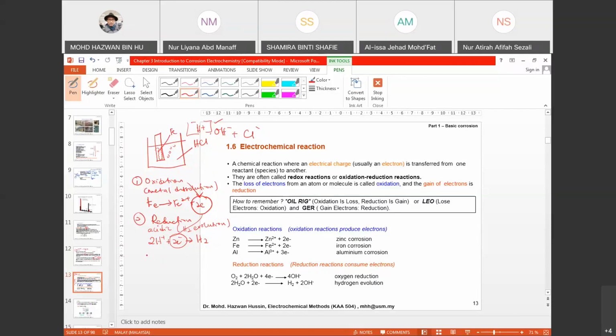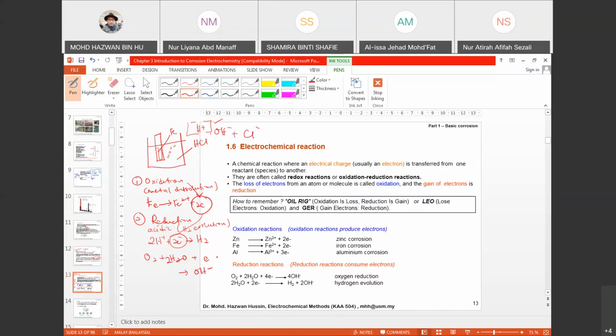So you have oxygen plus water, H2O, plus electrons. If you balance it out, you have 2 H2O, then 4 electrons, and this will form 4 OH-. Maybe I can just write it here.